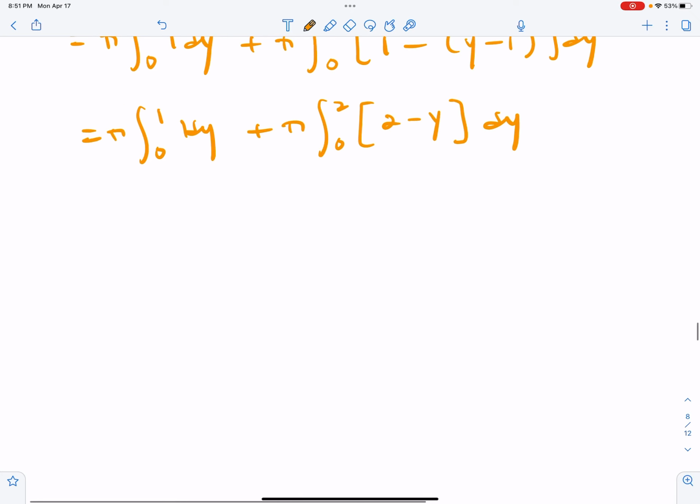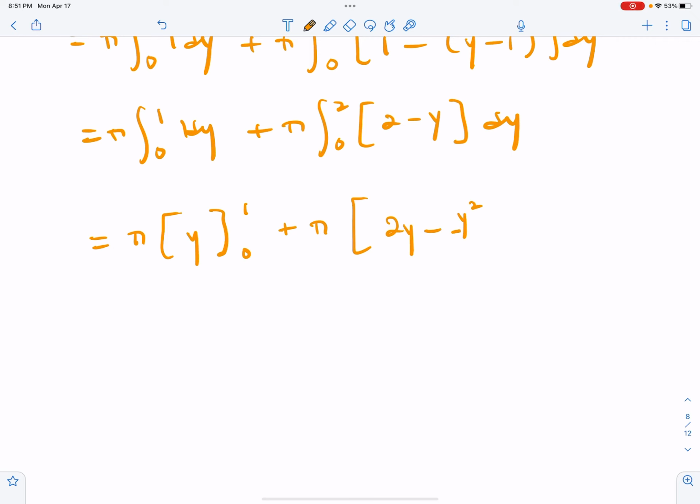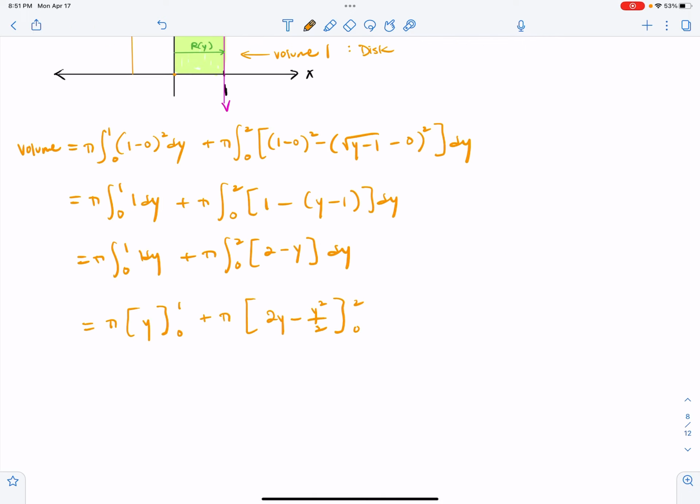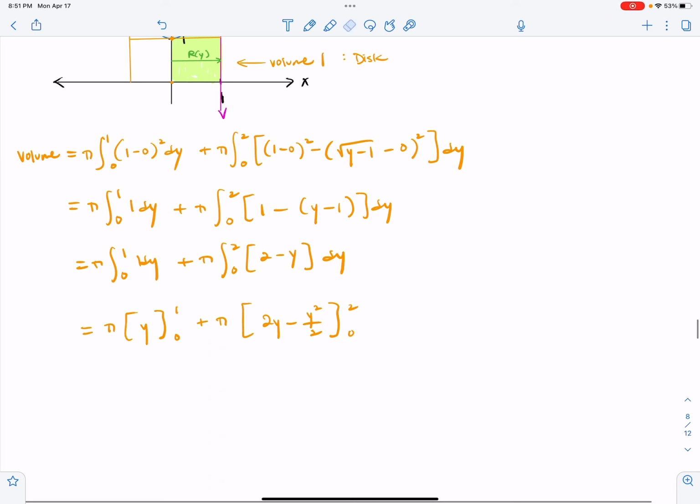Oh, we can. Let's do it. Okay, so y from 0 to 1 plus pi times 2y minus y squared over 2 from 1 to 2. Sorry, 1 to 2. I think I said that too when I wrote the other. From 1 to 2. Okay, here we go.